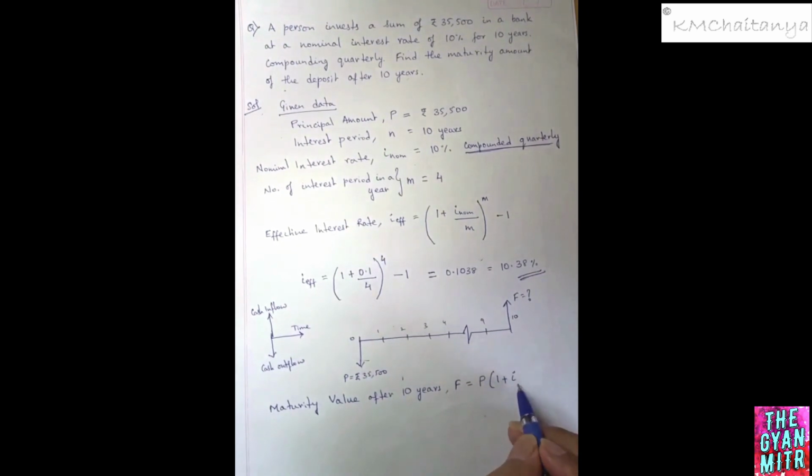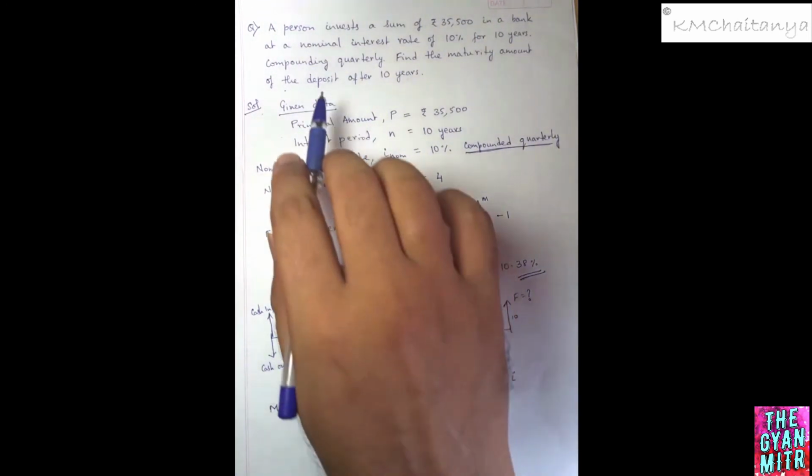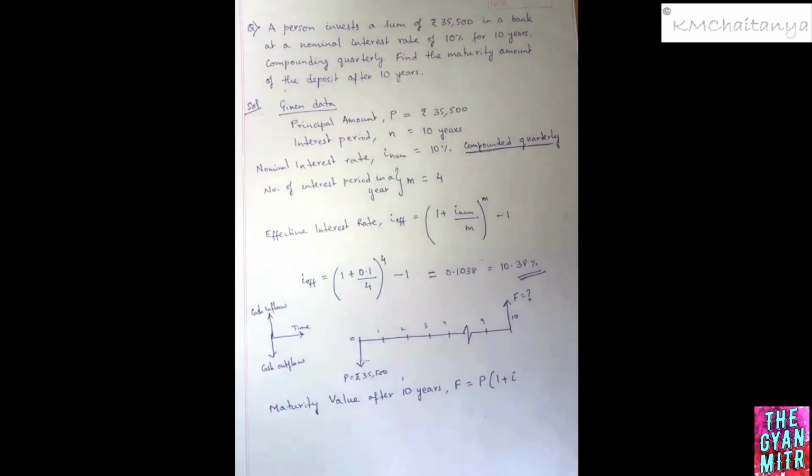Here we won't be considering the nominal interest rate, it is always the effective interest rate, as I told you. In all the problems, the value of I is the effective interest rate only. So in the question, if they don't mention nominal interest rate, then it is effective interest rate only. So here I will consider it as I effective to the power of n.